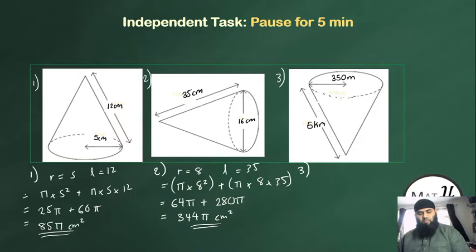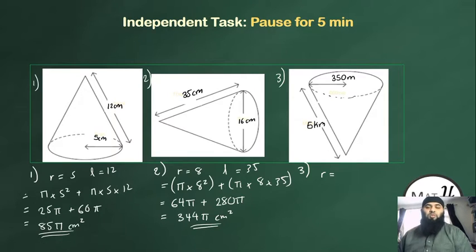Question number 3. So our next question has a radius of 350 meters and the length is 5 kilometers. We have to convert everything into either meters or kilometers. I'm going to use kilometers because I don't want to work with a lot of zeros and big numbers.